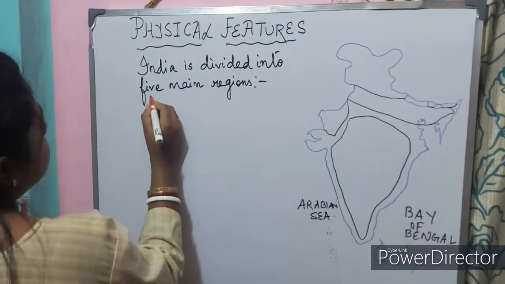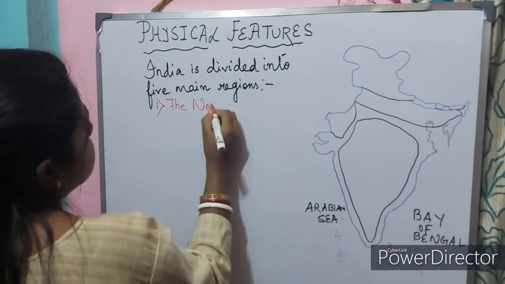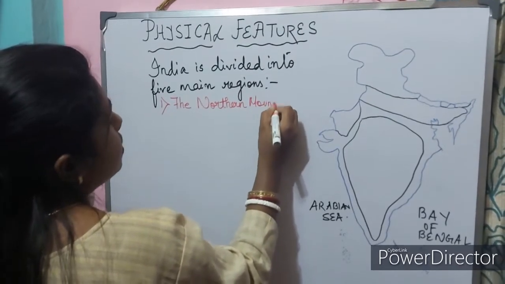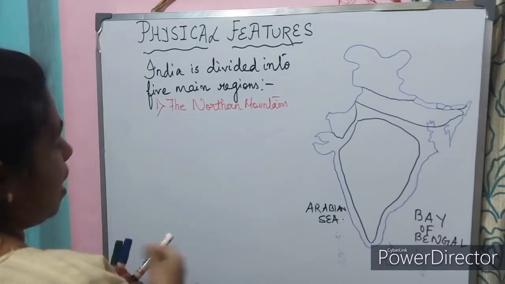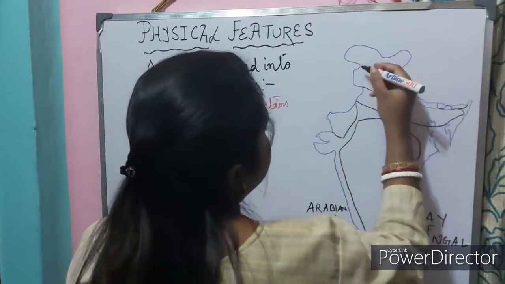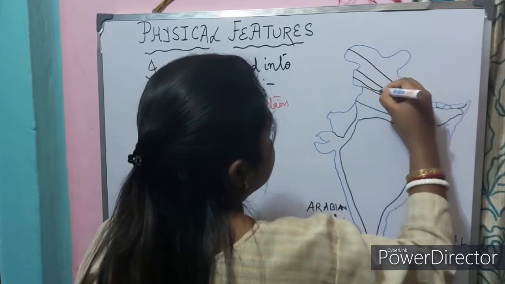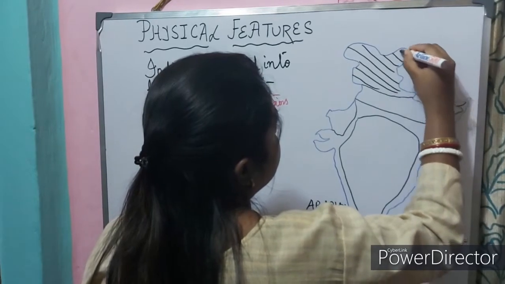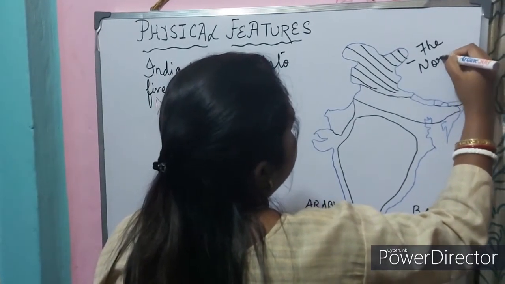Number one, the northern mountains. That means the Himalayas. You can see here in the map, these are my northern mountains.